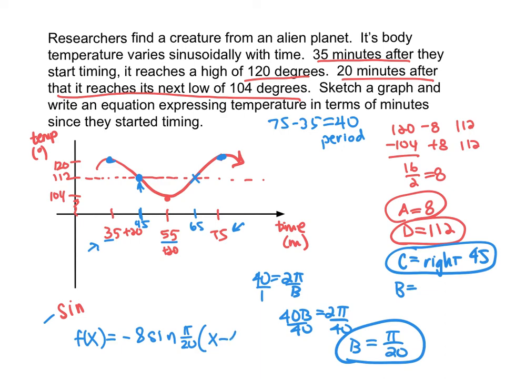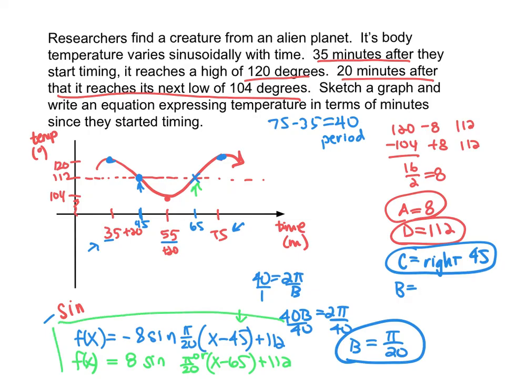Inside I have x minus 45, and then I'm going to add to it my d value of 112. If I wrote that as a positive sine, the only difference would be my phase shift right here would now be x minus 65. Everything else would stay the same, with the exception of the sign in the front. It would become positive.